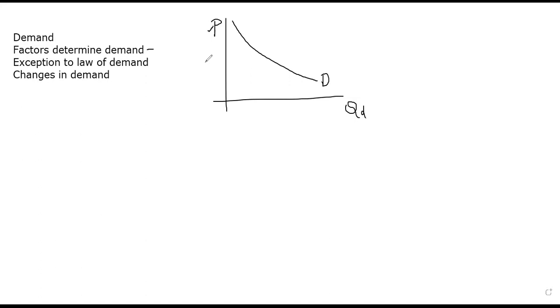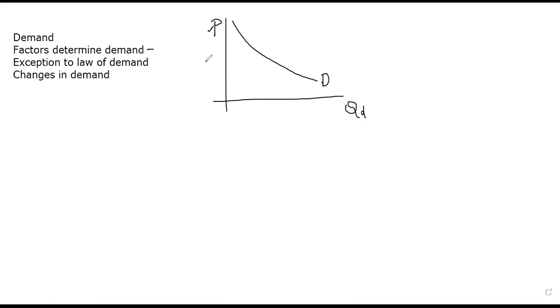Then we moved on to the next quantitative factor, which is the income of the consumer. It is classified on the basis of the type of commodity. We have the normal good, the superior good, and the inferior good. Normal and superior goods generally show a positive relationship with the level of income and quantity demanded. But an inferior good has a negative relationship with the level of income and quantity demanded.